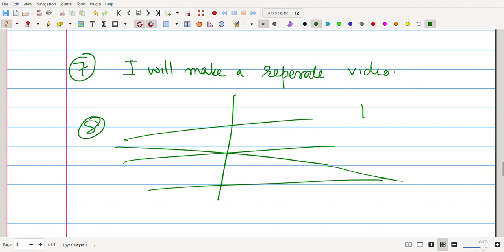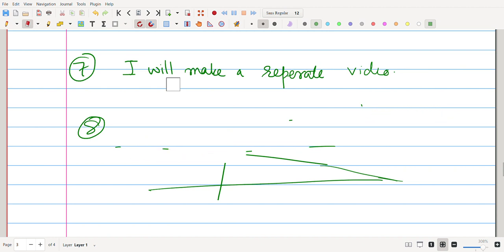Let's first write the equation of a line in R^2.